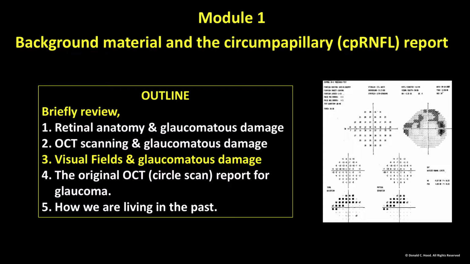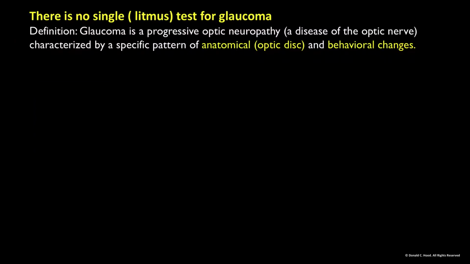All right, third item I want to review is visual fields. And again, I'm assuming that most of you, if not all of you, are familiar with visual fields. It's often said that there's no litmus test for glaucoma, meaning that there's no single test you can do that will confirm glaucoma.